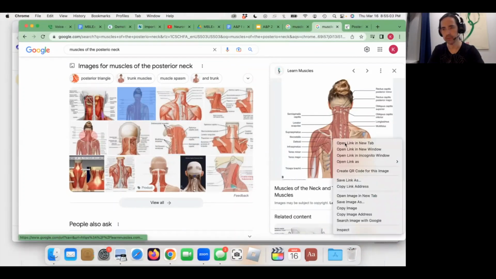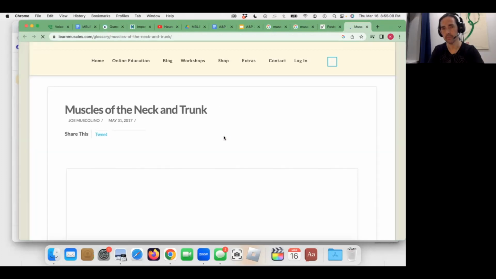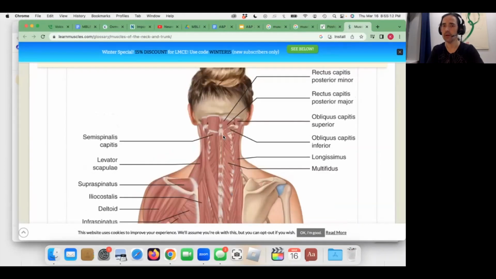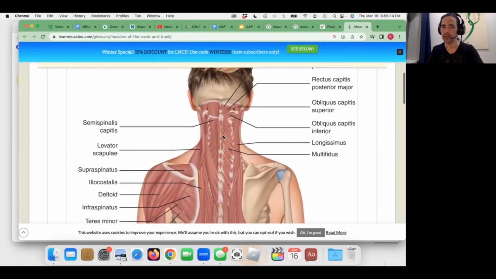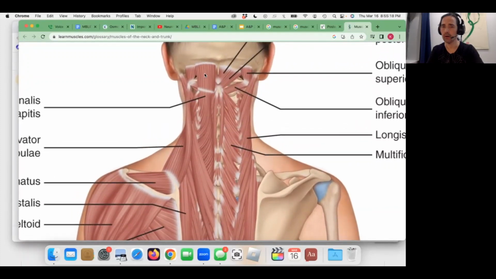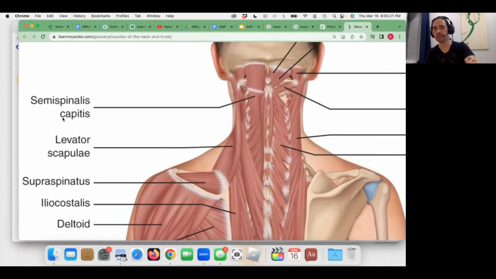Maybe this one, yeah. Okay, so what we have here are the semispinalis capitis. Capitis attaches to the skull. Semispinalis capitis.